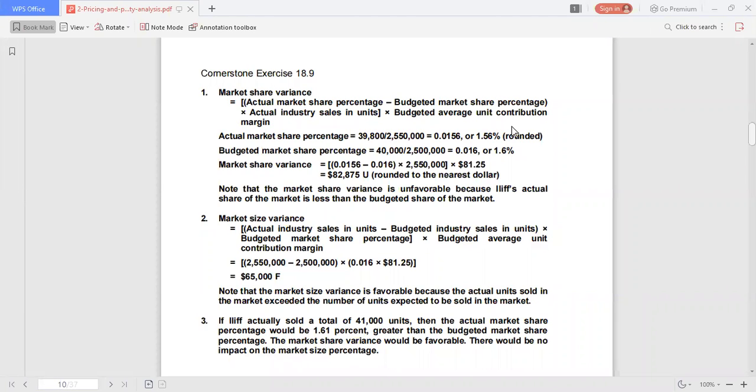So the actual industry sales of 2,550,000 units minus the budgeted of 2,500,000, and you multiply that by the budgeted market share percentage of 0.016 times the budgeted average unit contribution margin given at 81.25.